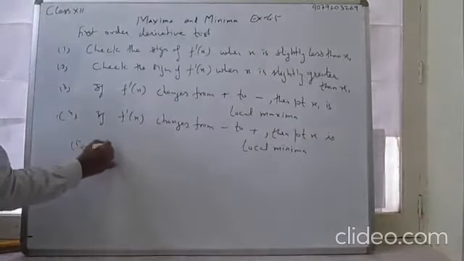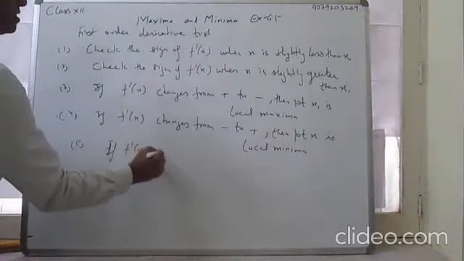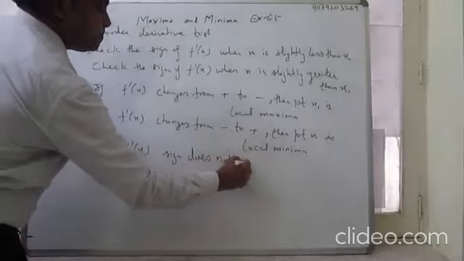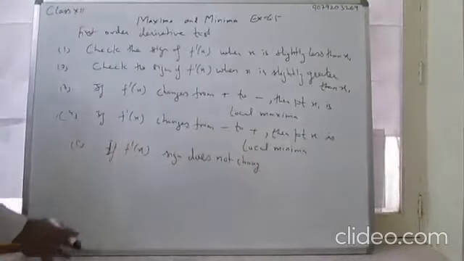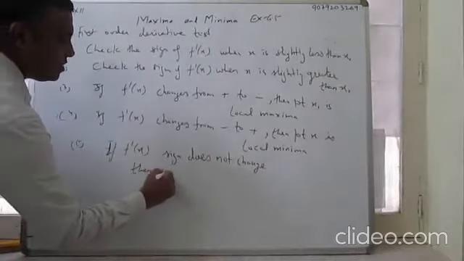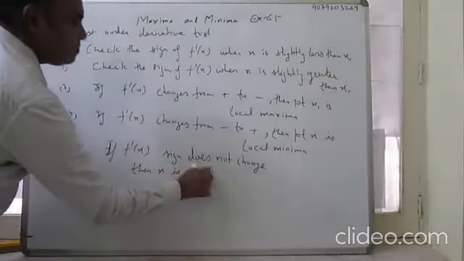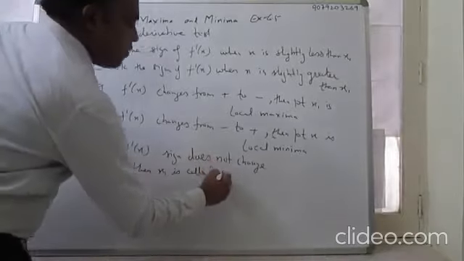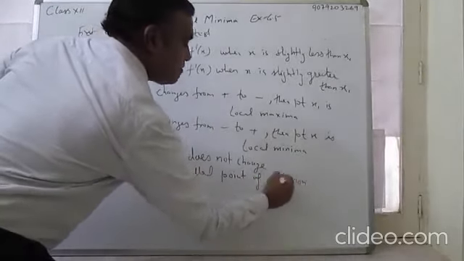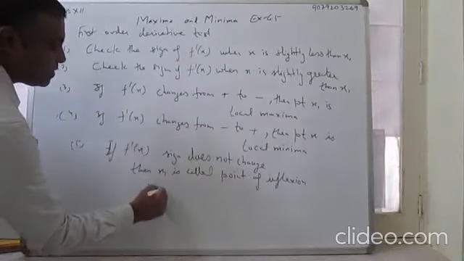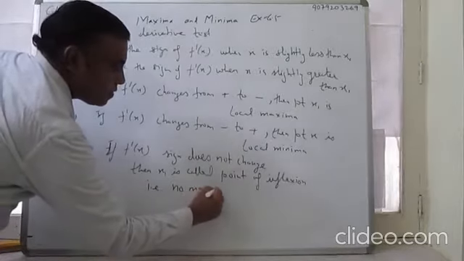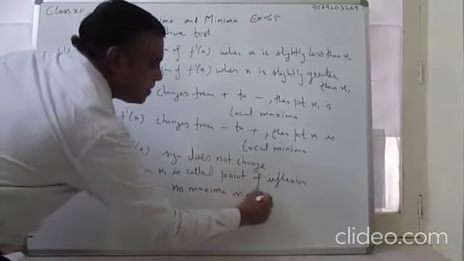If the first order derivative sign does not change, then x1 is called a point of inflection. That is, no maxima or minima.